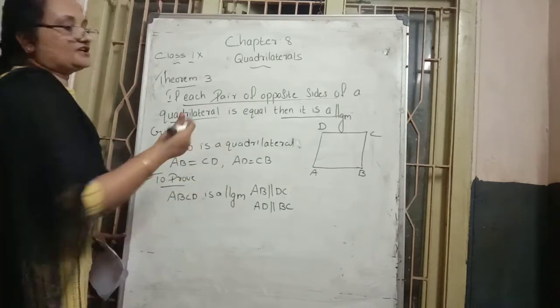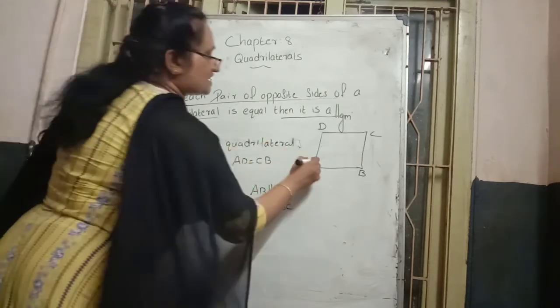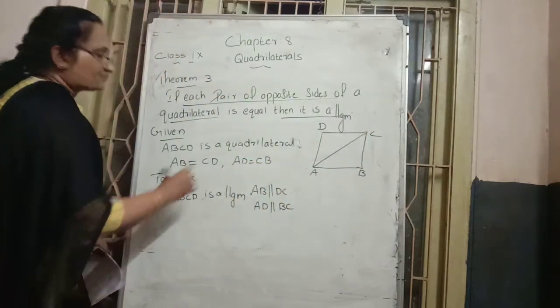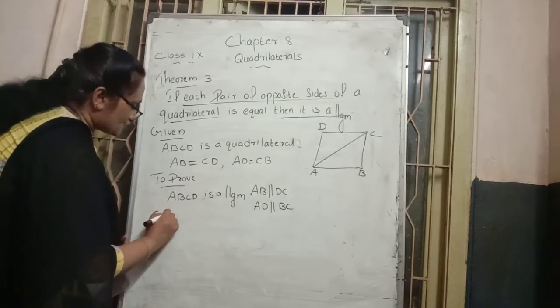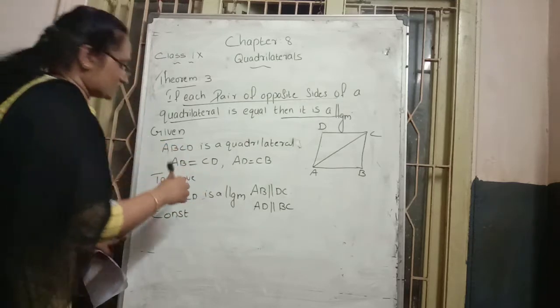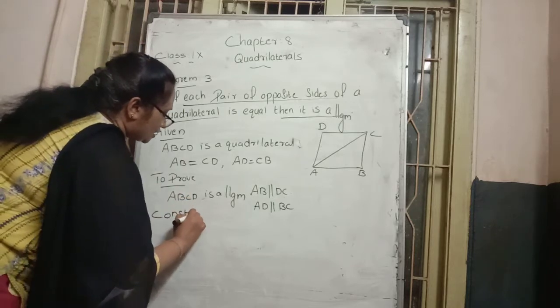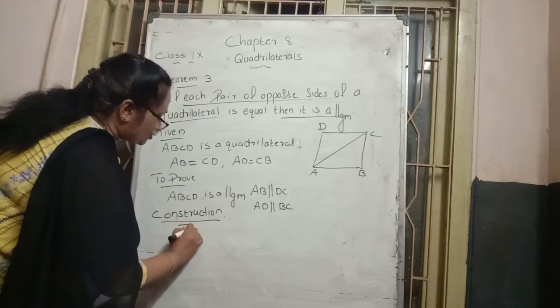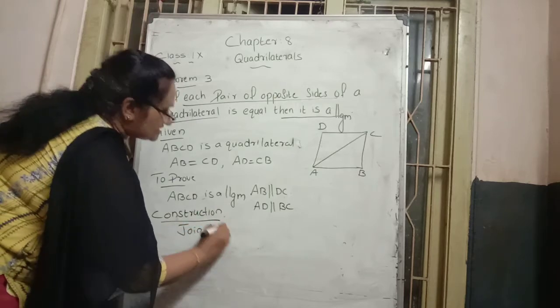Here we can't do it directly. An extra construction is there. What construction? Draw a diagonal AC. Then only we can do it. Here the diagonal is not mentioned, that's why we construct it. The construction is to join A to C. AC is our construction.